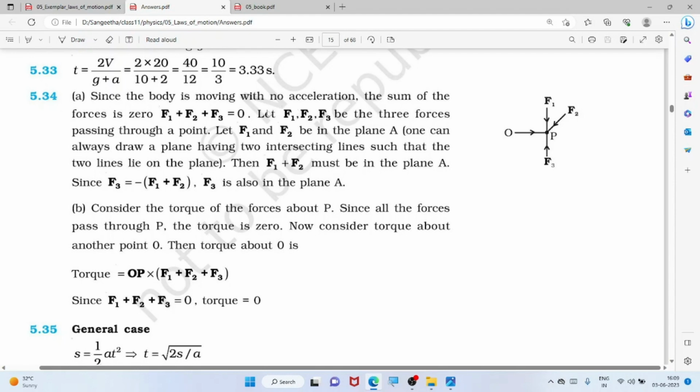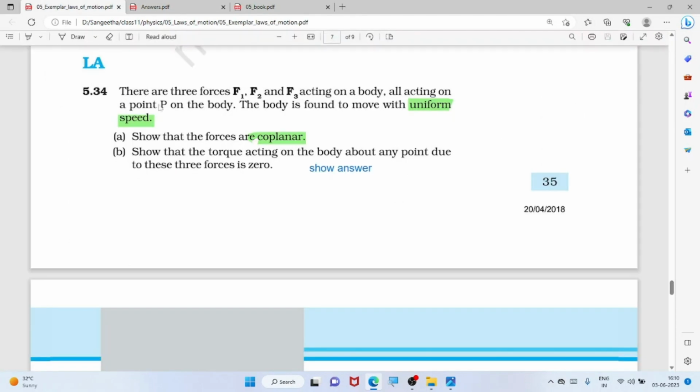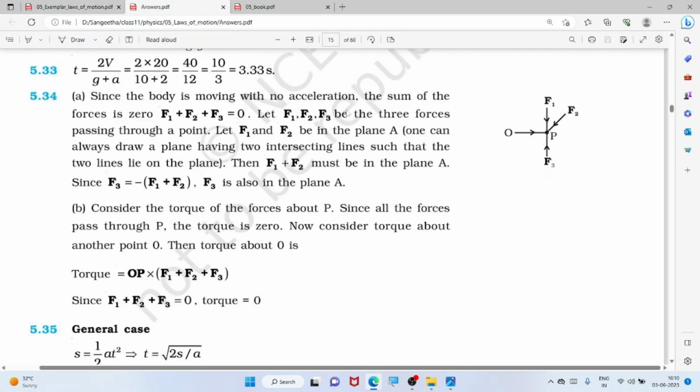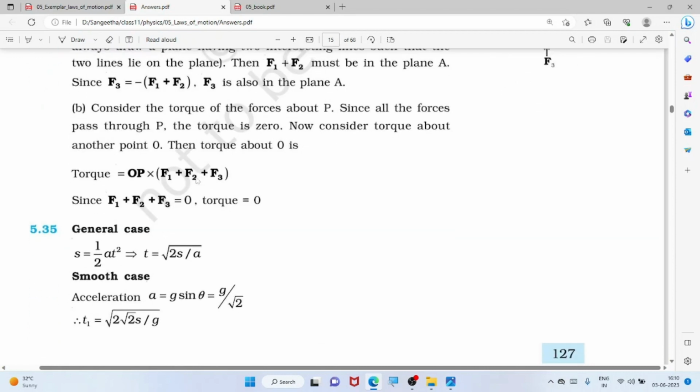Since the body is moving with no acceleration, because of the uniform speed there is no acceleration, the sum of all the forces is 0. Okay, so you can go through this. Force is 0, torque also is 0.